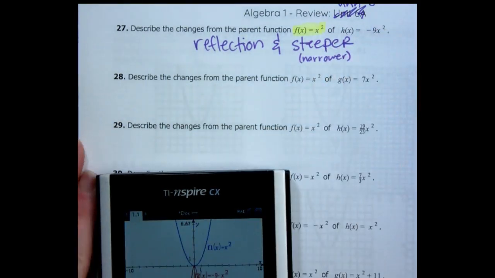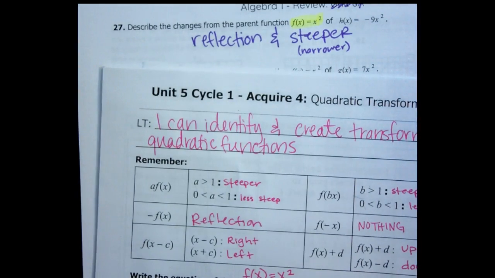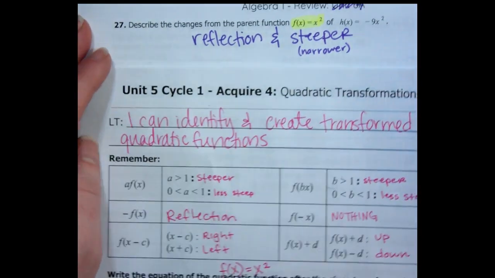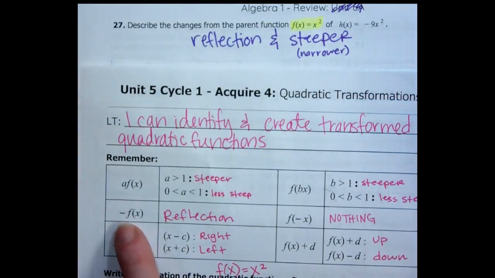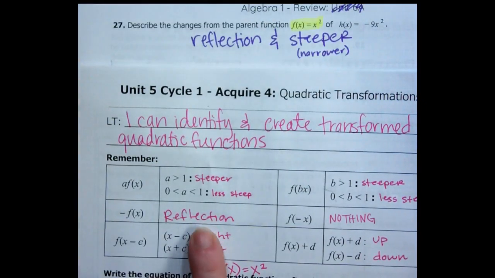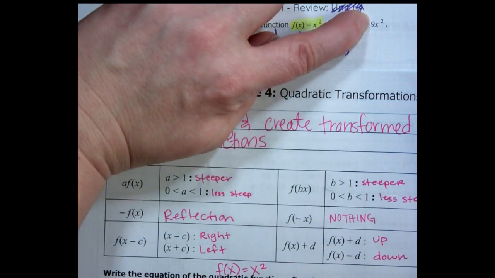Okay. Now you're like, Miss, how would I figure that out if I didn't graph it? Well, if I look at my little cheat sheet here, I have a negative out in front. And we know that a negative out in front means reflection. Check. And then I'm multiplying by a 9 out front.